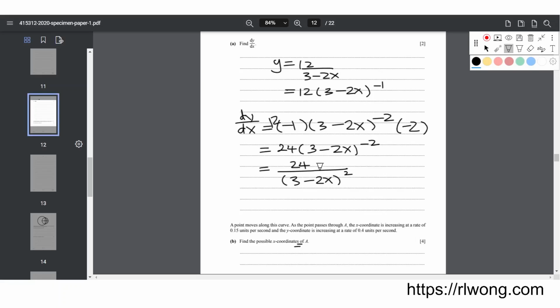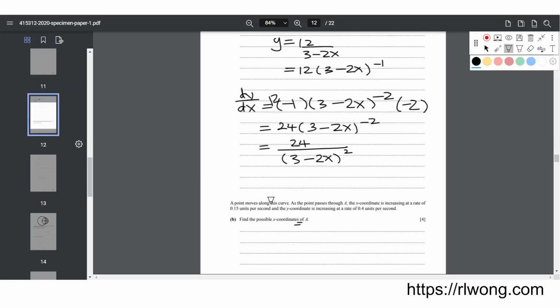So dx/dt is equal to 0.15 units per second, and dy/dt is equal to 0.4 units per second.